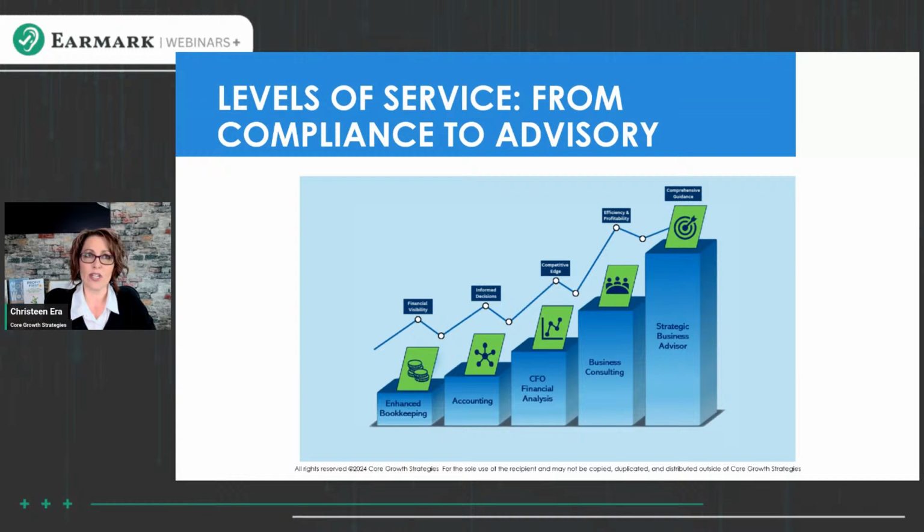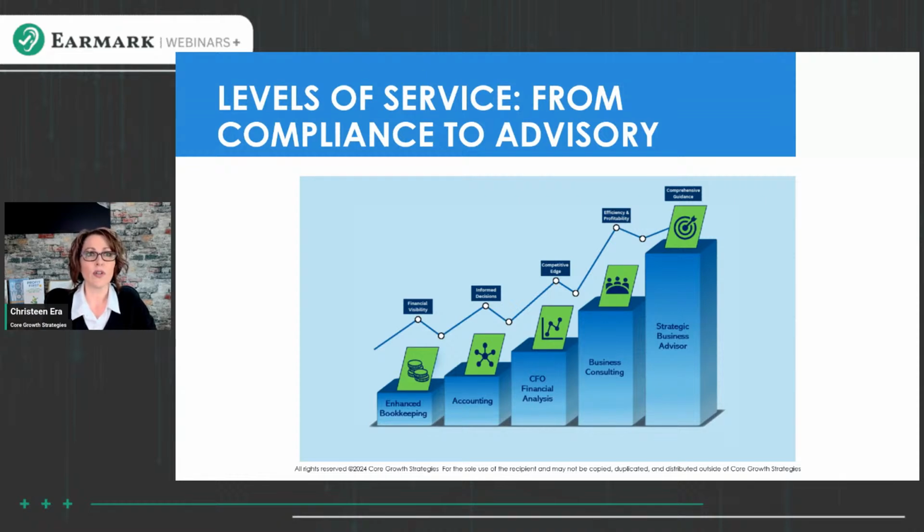And I have started at every one of these levels and worked my way through. So whether you're watching this as a bookkeeper or as a strategic business advisor, I have stepped into pretty much every one of these roles throughout my professional journey and have understood the challenges and obstacles that have come into play in moving forward.